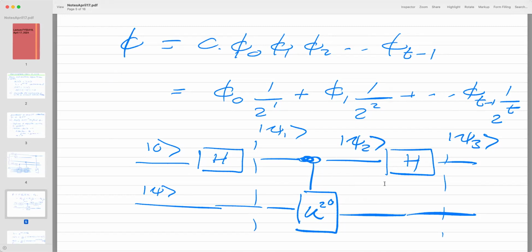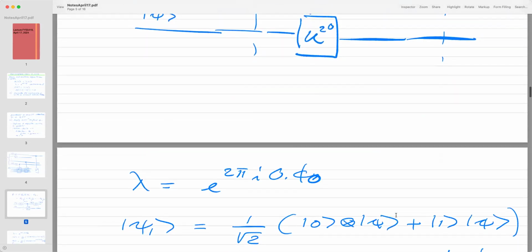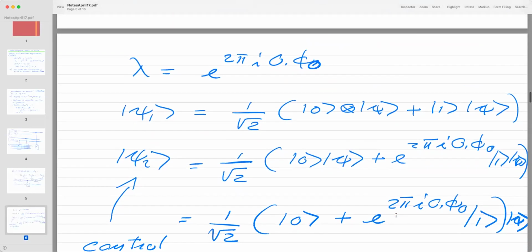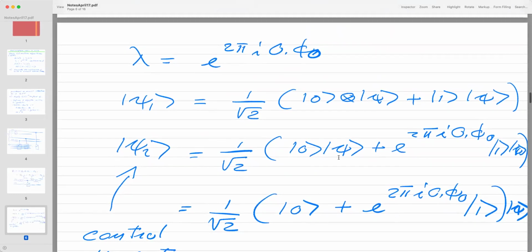But in general, what you would do here is have an inverse Fourier transform. This is something we went through in the slides last week and the week before. You would have this state, which is simply the Hadamard tensor product with the state here.